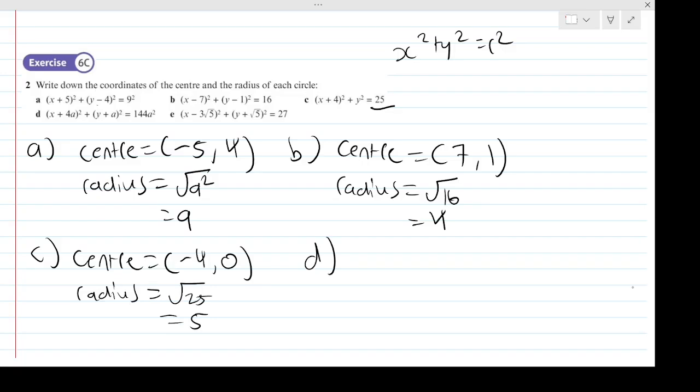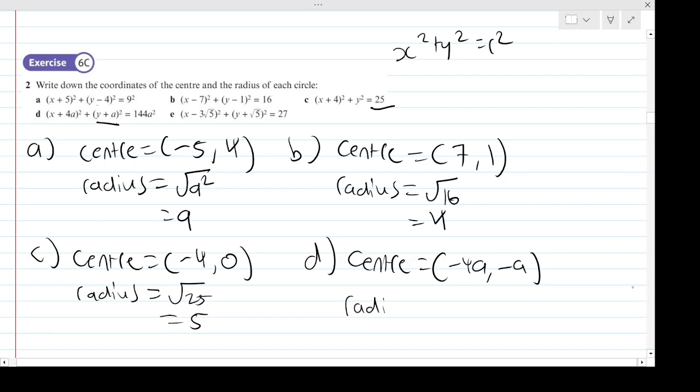Then part D, we have x plus 4a squared. So obviously we've got some algebra, we've got some letters, but again, exact same concept. And y plus a squared is 144a squared. So the centre in this case, well again, instead of x plus 4a, it'd be minus 4a for the x coordinate centre. Then y plus a, the y will be minus a. There we are.